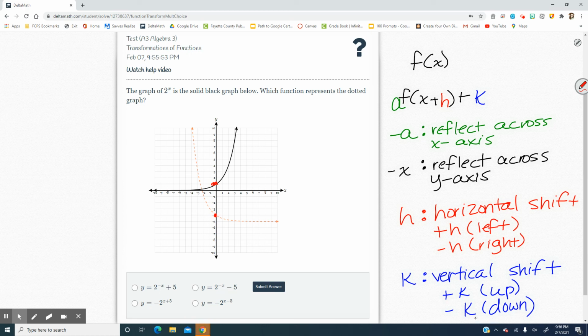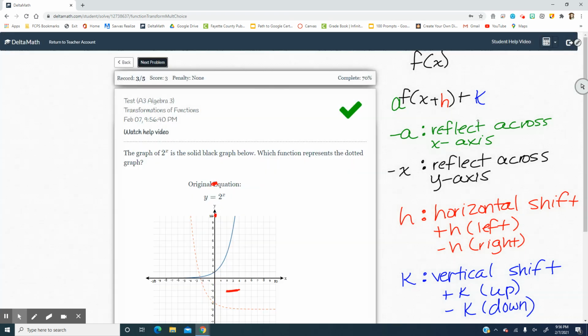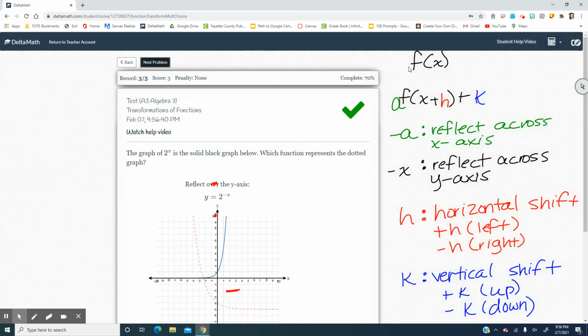So down 5 would be a negative 5 outside a grouping symbol or an exponent. Negative 5, right here. That's the only one with that option. Let's try it. There we go.